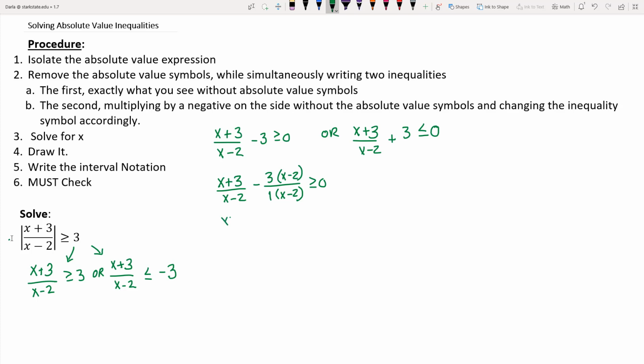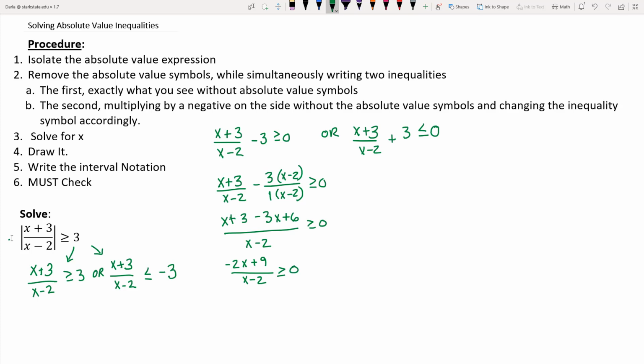So this is x + 3, distribute that minus sign, so minus 3x plus 6, all over x - 2, is greater than or equal to 0. But that is (-2x + 9)/(x - 2) is greater than or equal to 0.